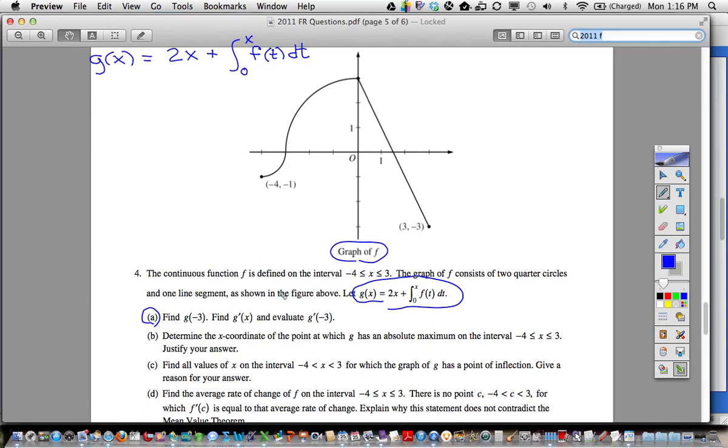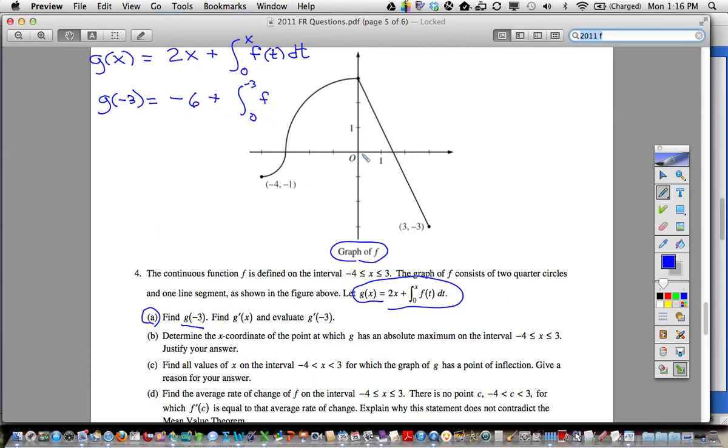All right, so let's do this first one. It says find g of negative 3. Well, what does that mean? Put a negative 3 in here for x. So that would make this negative 6, and that would make this the integral from 0 to negative 3. Right?